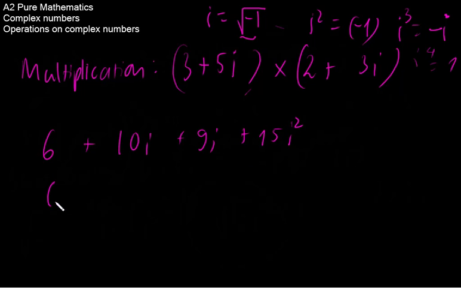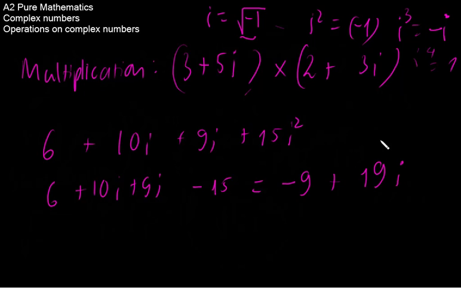So here we have 6 plus 10i plus 9i minus 15. And this is equal to 6 minus 15, that is minus 9, plus 19i. So that's how you do a multiplication. Just see i as, say, x, and then just replace i squared or i cubed with these ideas about i, and then you get your answer for your multiplication.